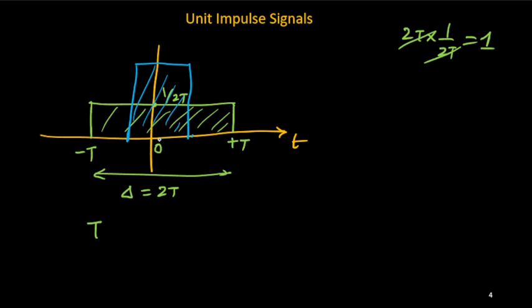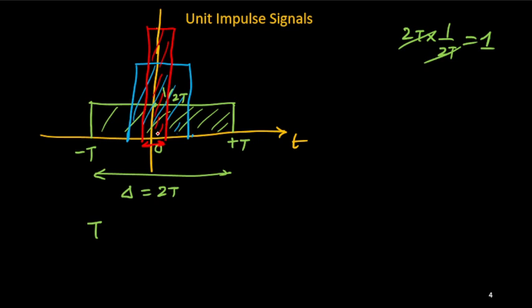Again, if I further reduce it, suppose like this, I need to increase the height, because the width is further reduced. So I need to consider a larger magnitude so that this area will remain 1.